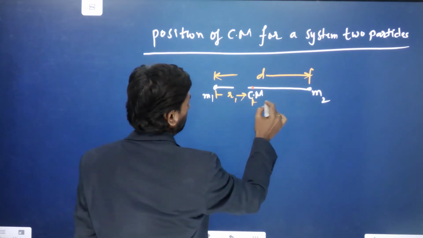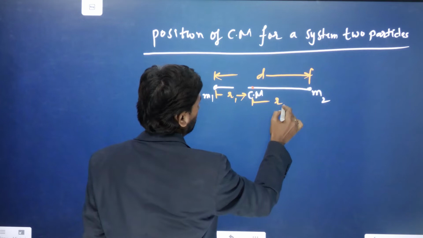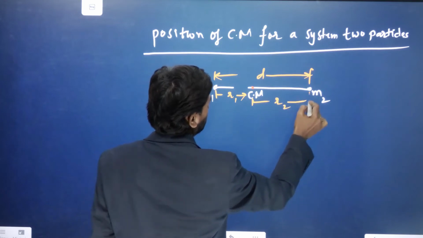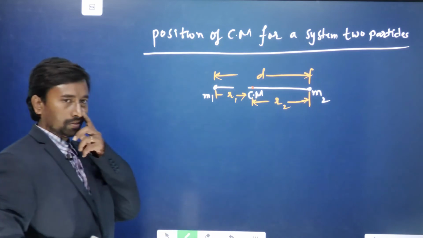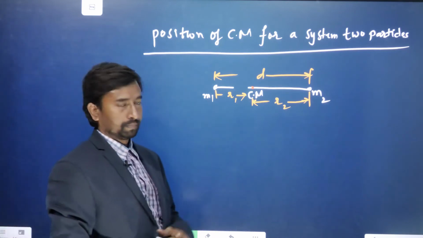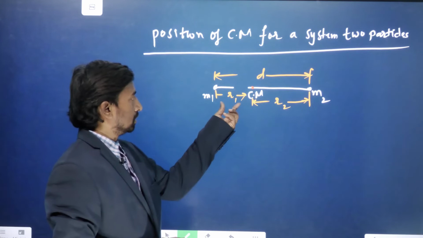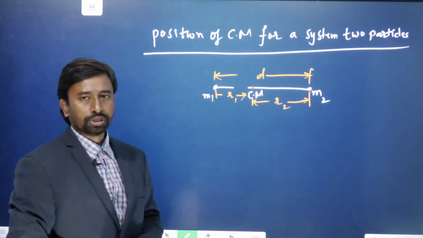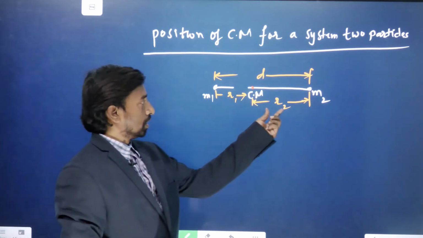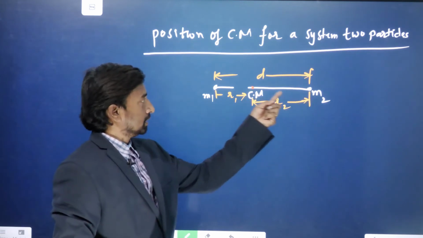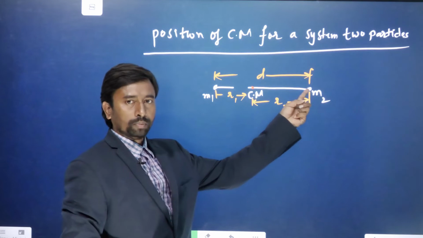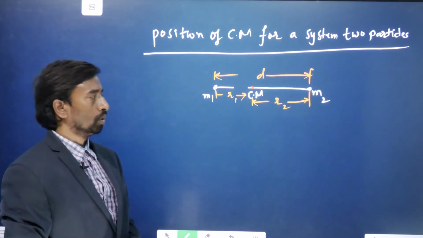Then from here, the remaining distance, suppose it is r2. Then how to find out the position? How to find out r1? If you find r1, that is the position of the center of mass. If you find r2, that is the distance of the center of mass from the m2 mass of the object.